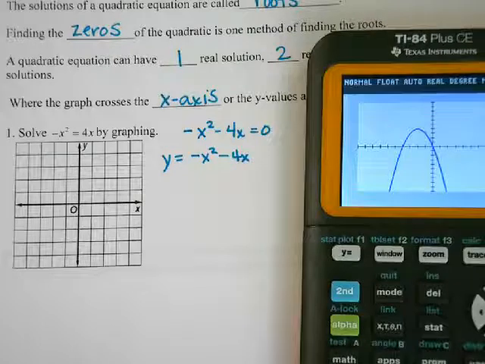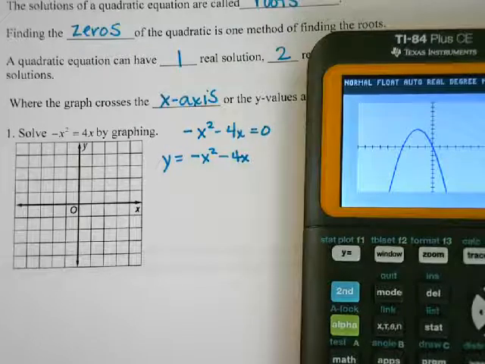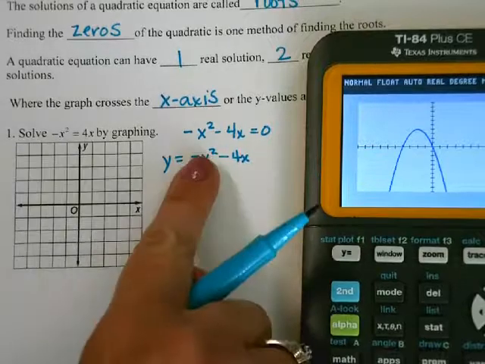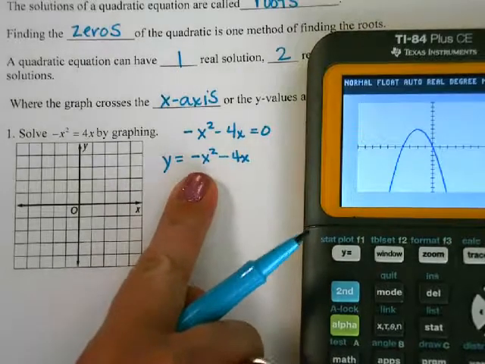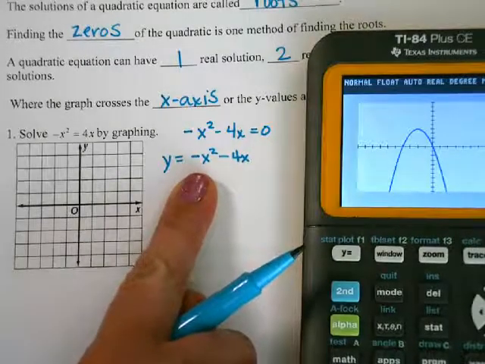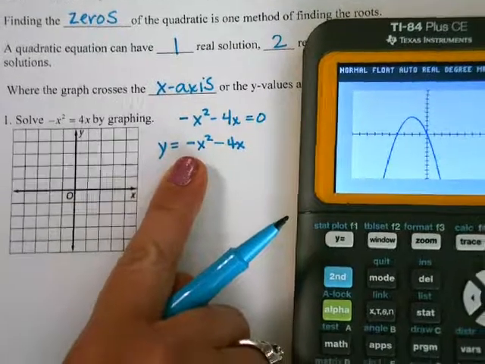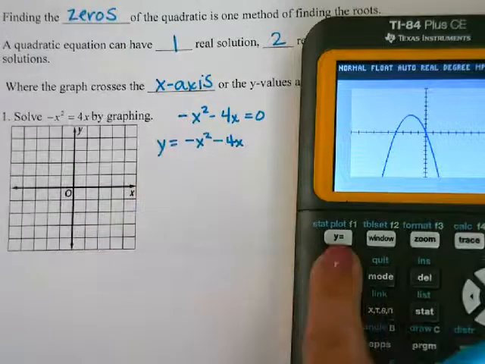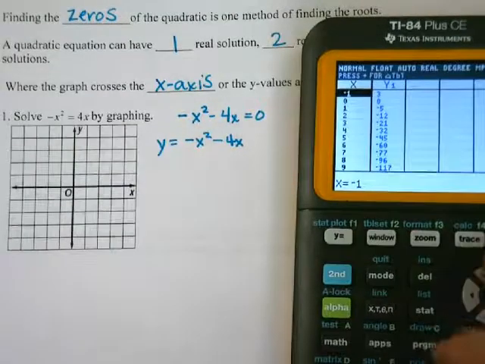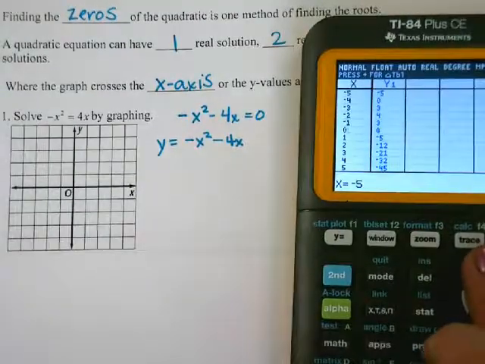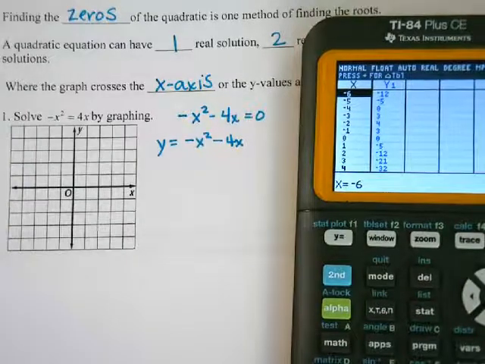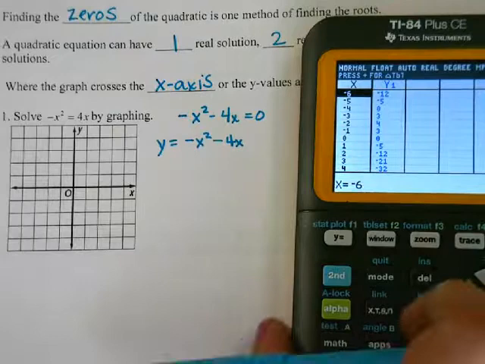Okay, so did you see something like that in your calculator? We now should open up down because our coefficient of our square term is negative. And now I'm going to go look at my table. So if I go look at my table, I should see some really interesting things.